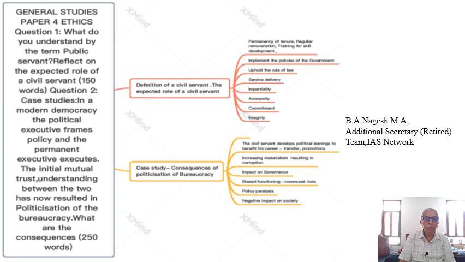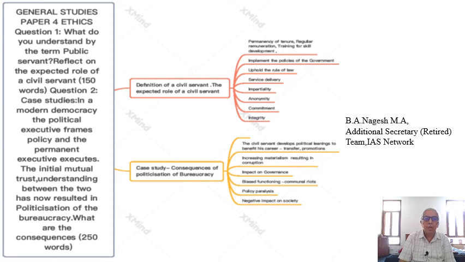So for 150 words, again we sum up the first question. By definition of a civil servant, I meant permanency of tenure, regular remuneration, training for the job. Then, what is the expected role of a civil servant? First, policy implementation. Policy formulation is the role of the political executive; policy implementation is the role of the civil service. He upholds the rule of law, that is treating everybody alike in consonance with Article 14, which speaks of equality before law, equal protection of the law.